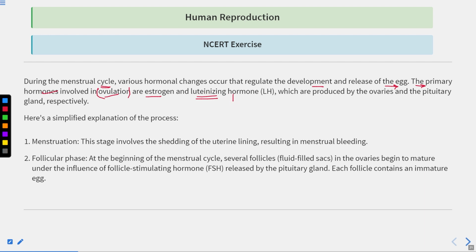There is a significant increase in the luteinizing hormone. This is known as the LH surge. This LH surge occurs just before the ovulation.